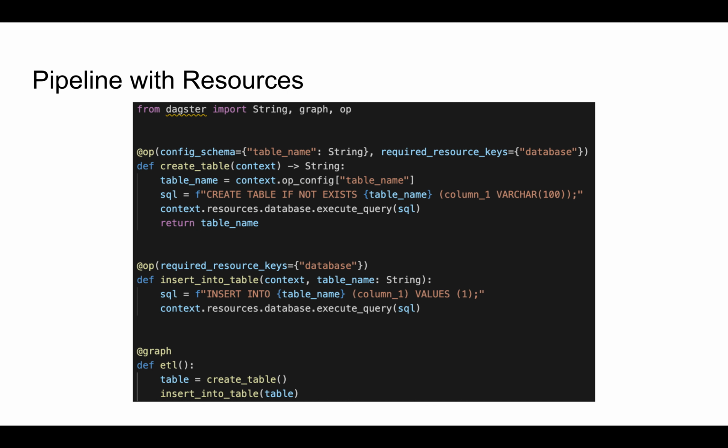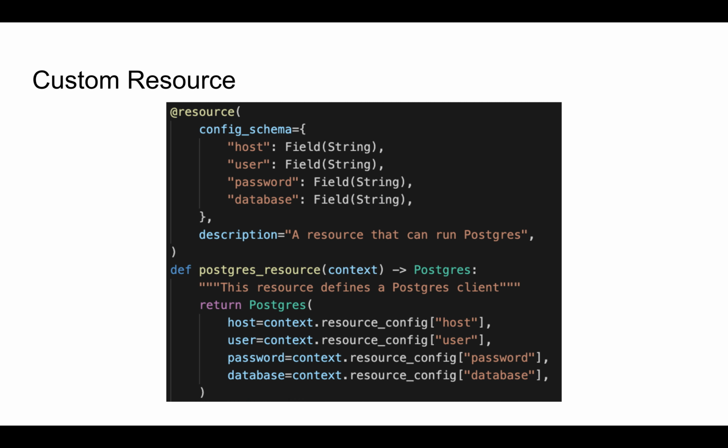Pretty simple in our op and graph abstractions of how you would define this. The only thing that's different now is you can see that this pipeline relies on a required resource key named database. So this is taking on an external resource named database.